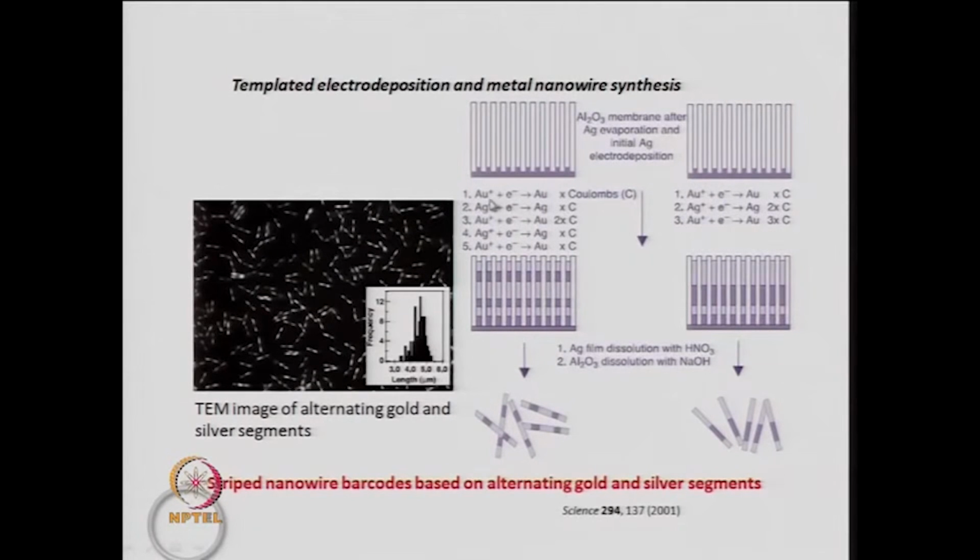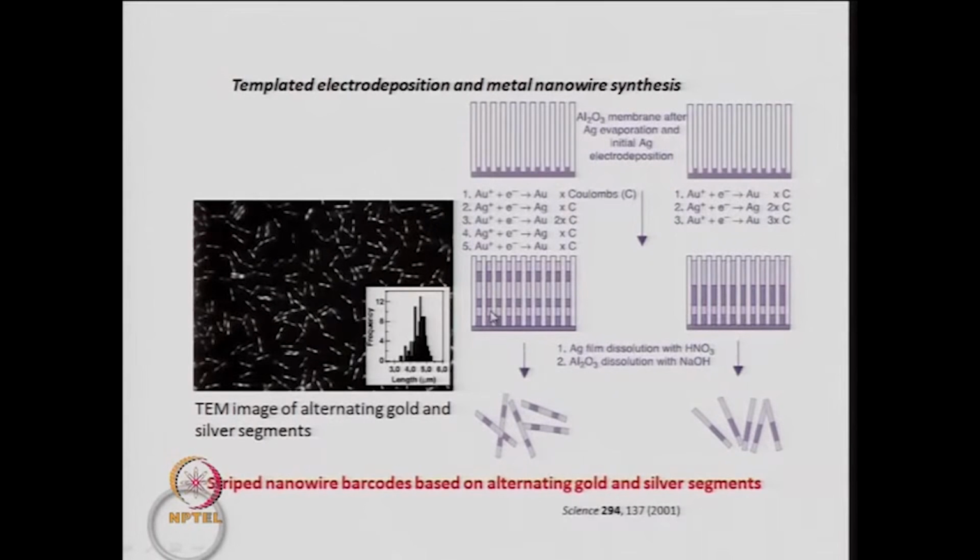So, as you see here, if you pass gold and the charge is say C coulombs, you get some deposition, and that is corresponding to this. So, this one is your first step, you get gold here. Then you put silver corresponding to C coulombs, you get next silver on top of gold.